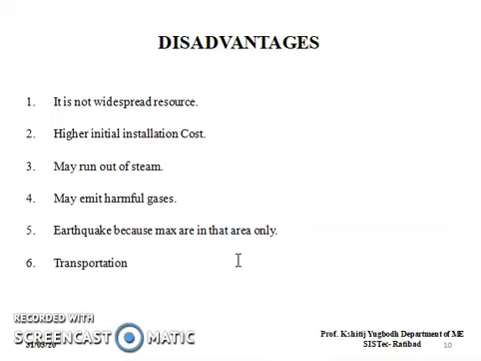The second disadvantage is the higher initial installation cost. The third disadvantage is that it may run out of steam, maybe in a year or two. It may emit harmful gases because the steam is coming from the inner part of the earth, so it can contain some poisonous gases as well.